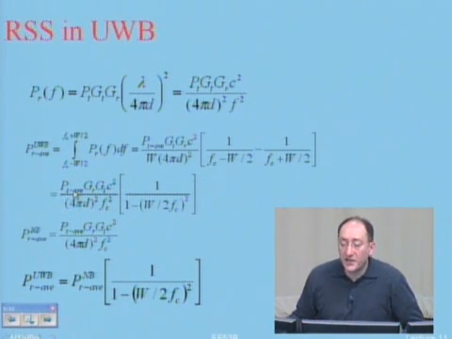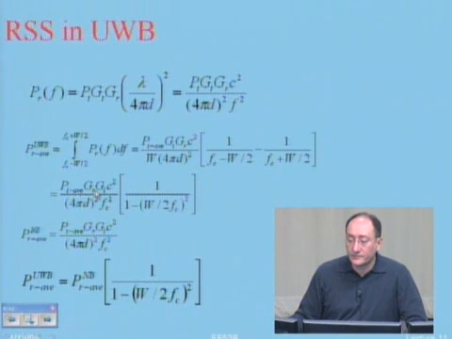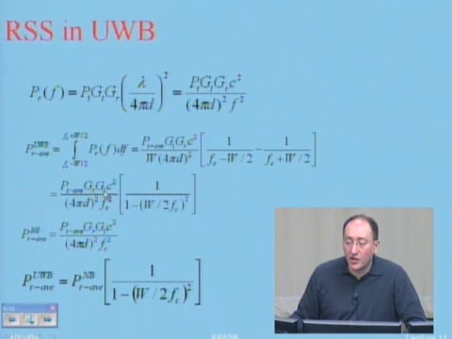Which is P transmit on the average, G_R G_T, c squared, and this is lambda squared. If I look at this part, it really is the power that I was always using for narrowband communication. This is exactly the same thing that I had in here.